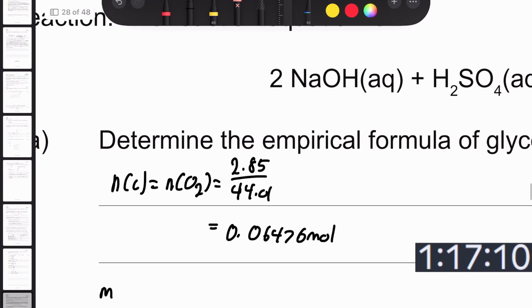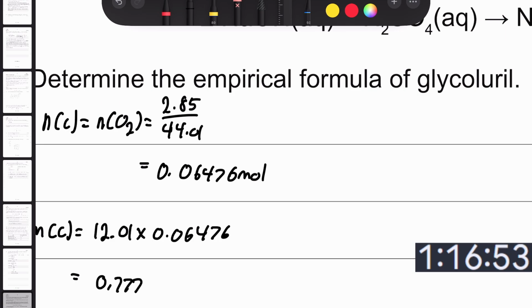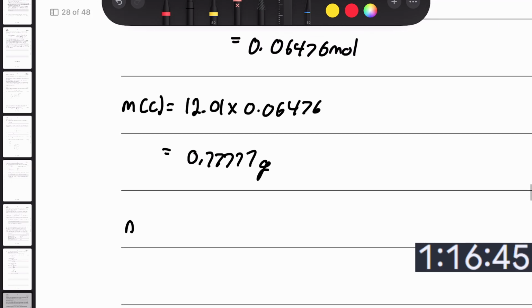So then the mass of carbon is equal to 0.06476 times 12.01. That is, yeah, that's correct.